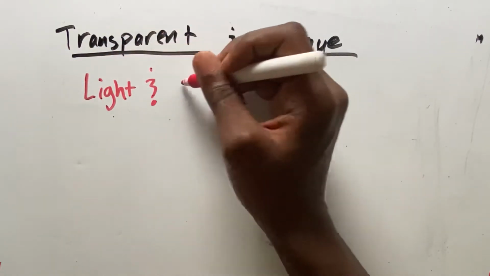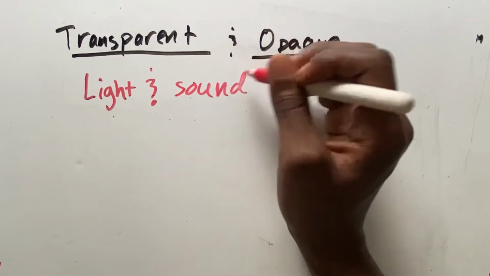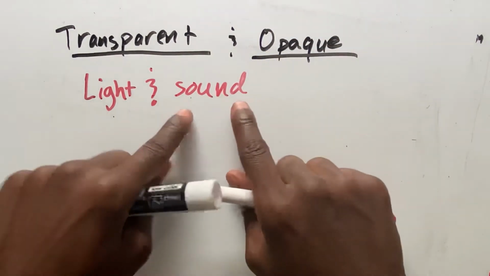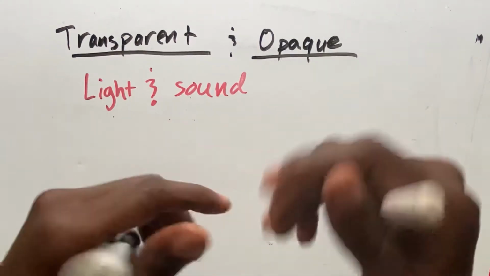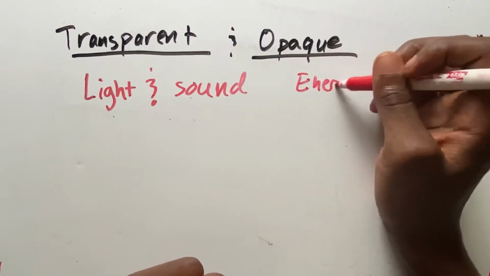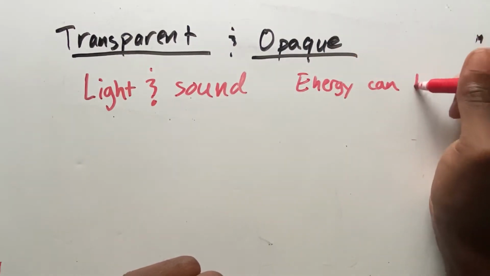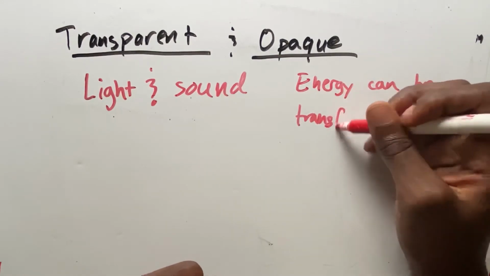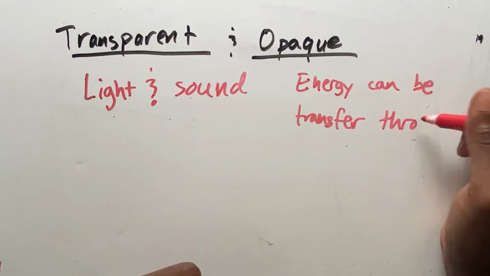Light and sound are both waves. So we know basically energy can be transferred through a wave. So energy can be transferred through waves.